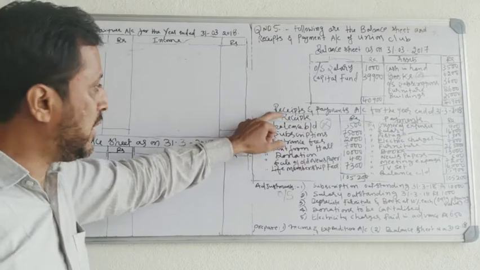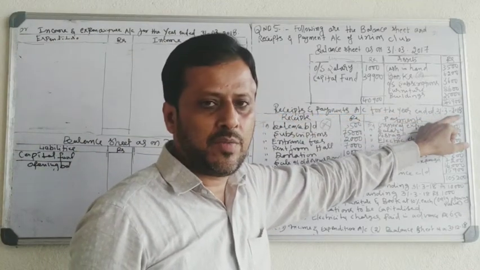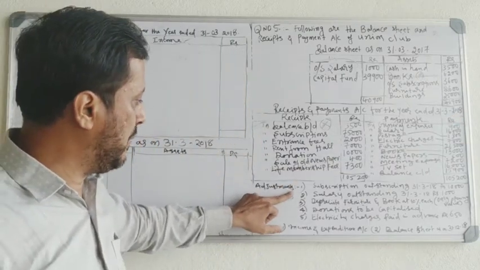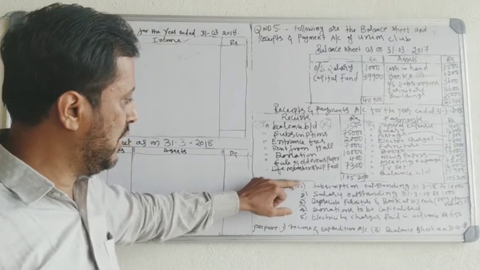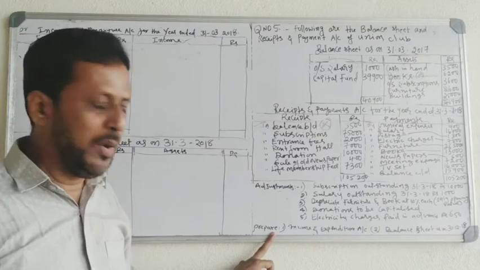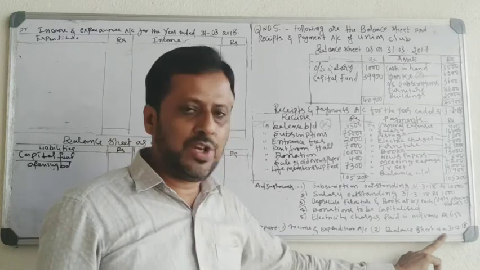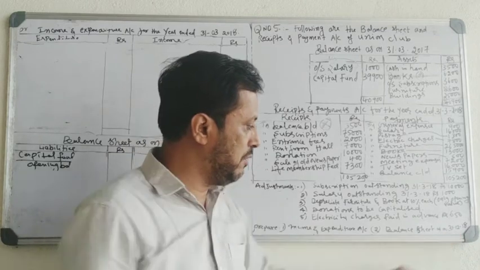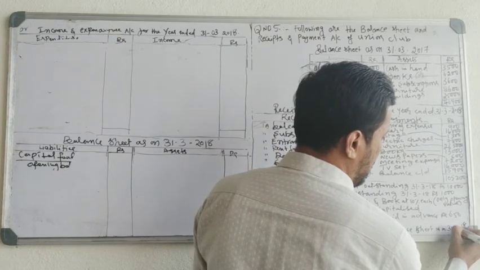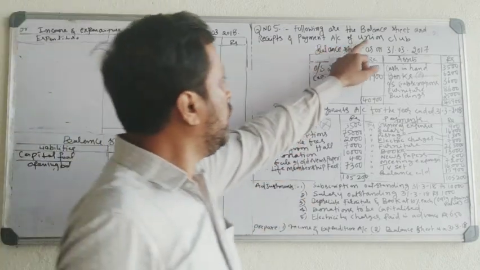You have the receipts and payments account for the year ended 31/3/2018, the current year's receipts and payments account, and you have 5 adjustments, 1, 2, 3, 4, 5, and you have to prepare the income and expenditure account and balance sheet as on 31/3/2018. Okay. So this is Union Club.